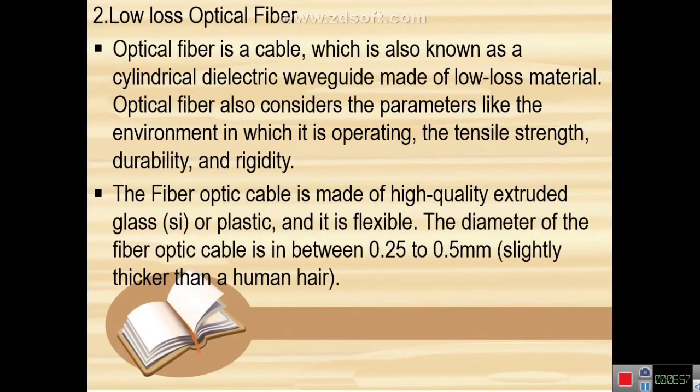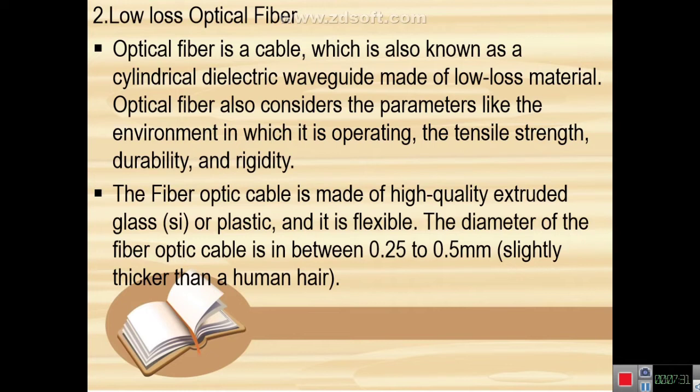Next is the low-loss optical fiber. Optical fiber is a cable, which is also known as cylindrical dielectric waveguide, made of low-loss material. Optical fiber also considers parameters like the environment in which it is operating, the tensile strength, durability, and rigidity. The fiber optic cable is made of high-quality extruded glass like silicone or plastic, and it is flexible.